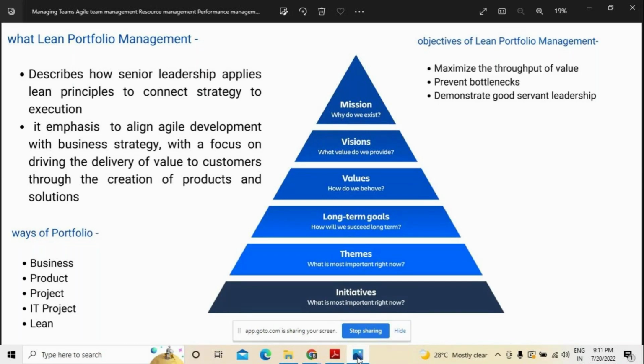To reach that strategy, whatever goals we have may have some variation. There may be some long-term goals and some short-term goals. That's a different level altogether. So we need to see how this strategy is connecting to the execution. This is the first point.